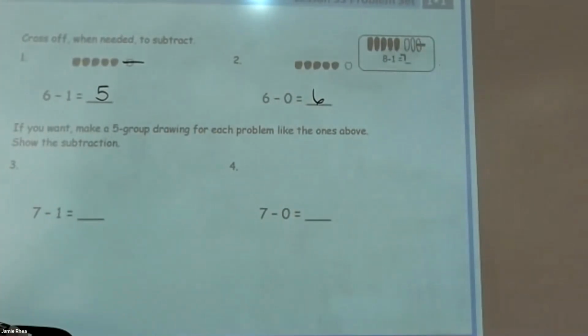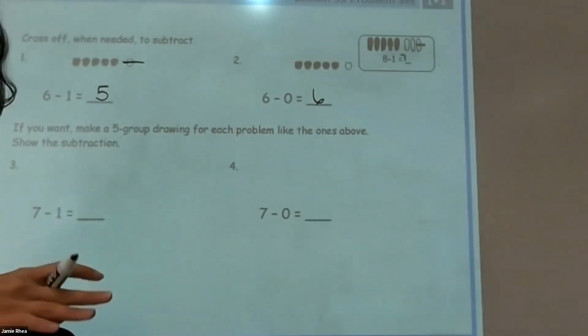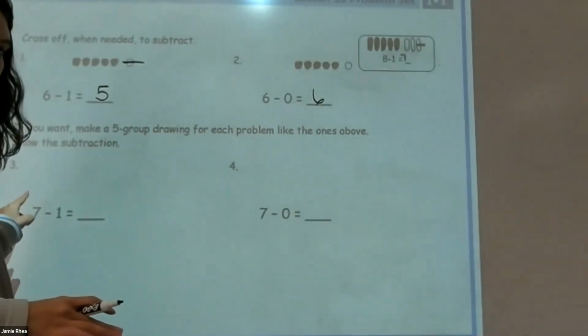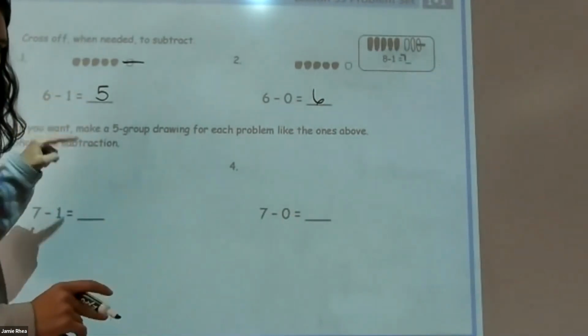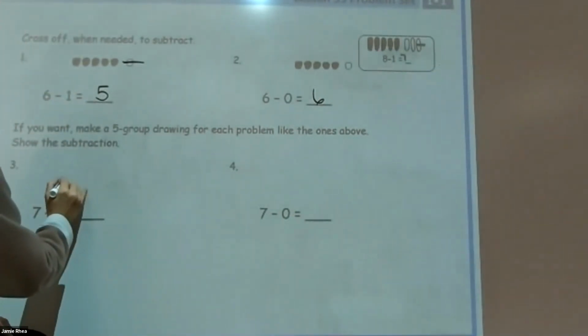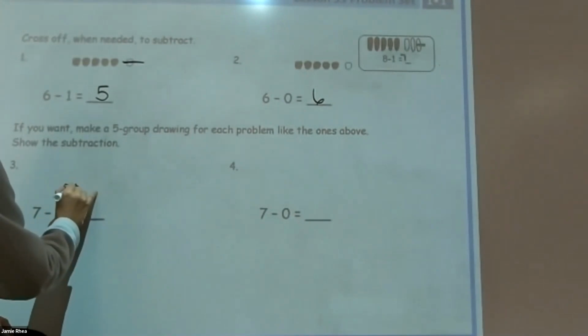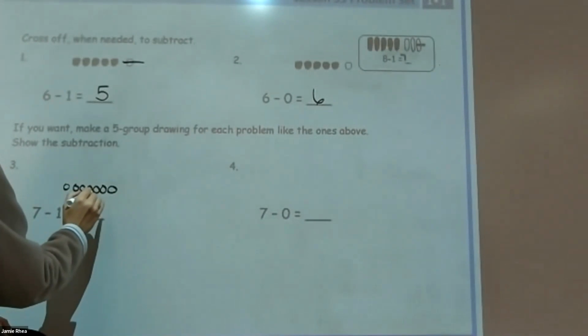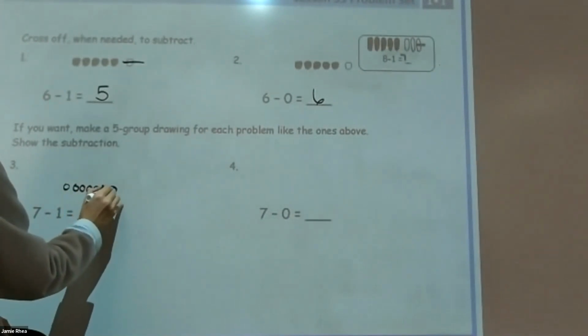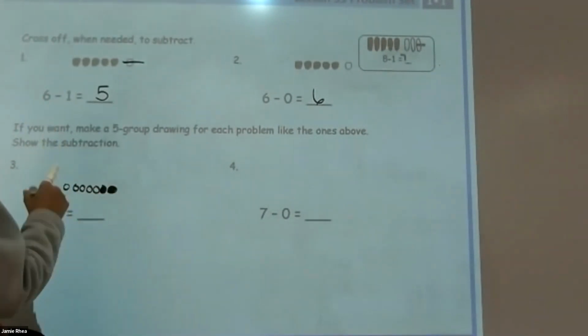Okay? All right, let's look down here. If you want, make a 5 group drawing for each problem like the ones above. Show the subtraction. Now, if you need help and you need that picture, what they're telling you is draw that picture. So let's go ahead and draw 7 minus 1. So here's 7. 1, 2, 3, 4, 5, 6, 7. Okay? I'm going to color in 2 of those to make them a different color like they did up there.